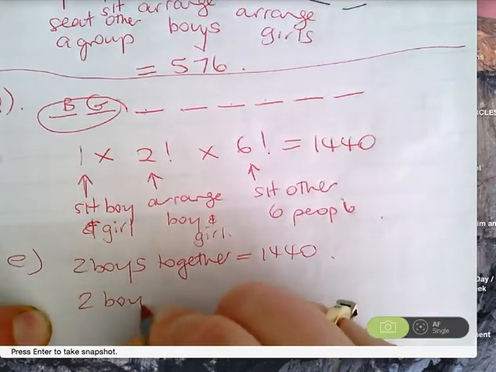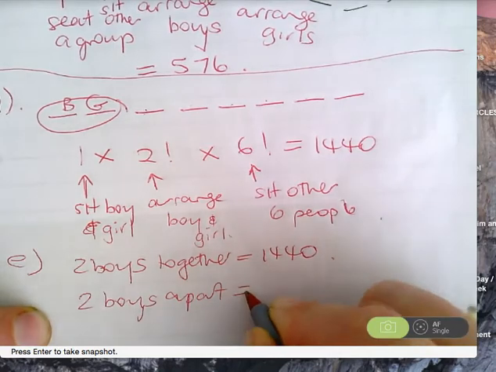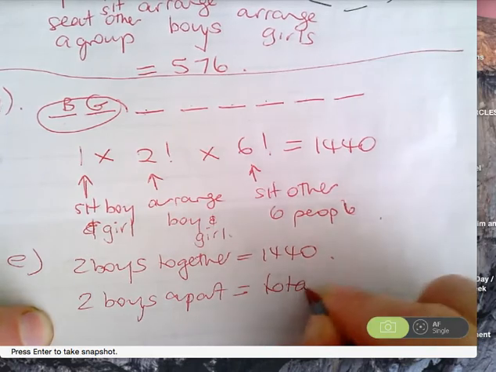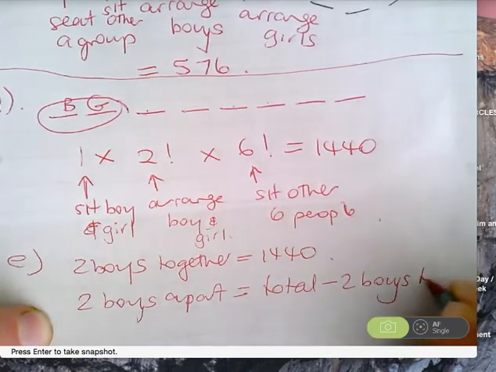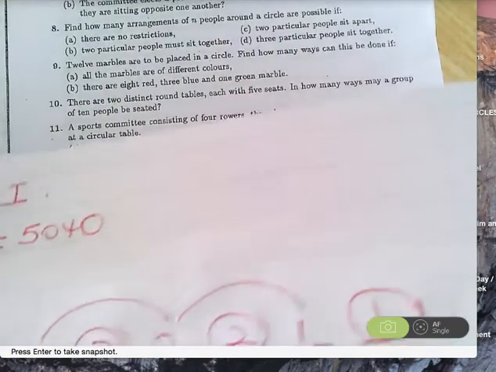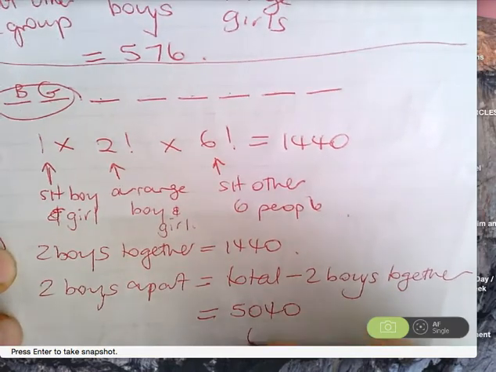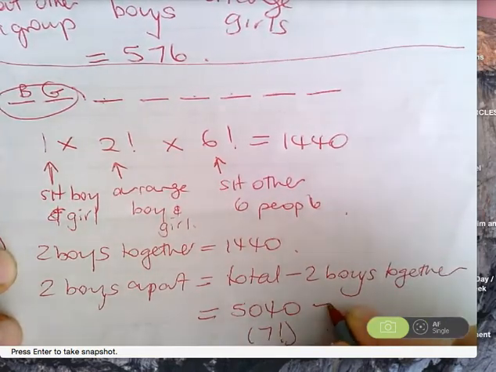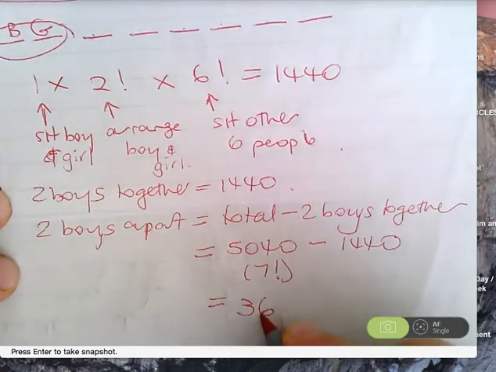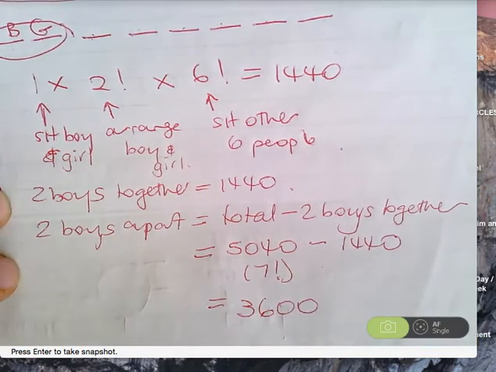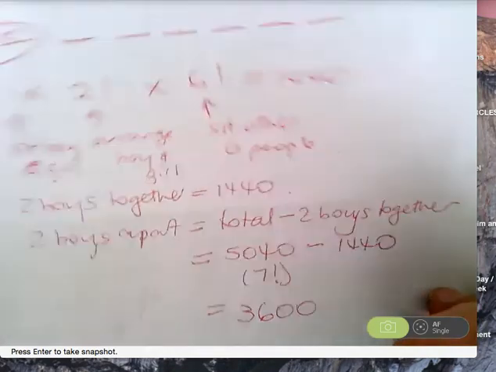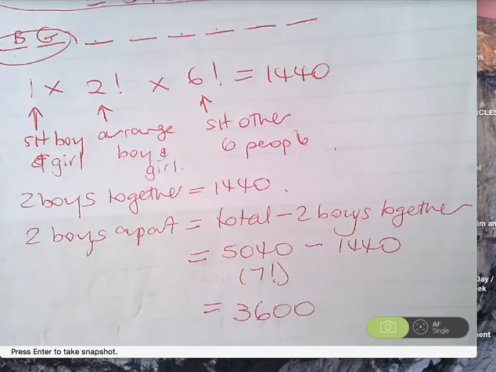So therefore 2 boys apart will be the total, which is 7 factorial from part A, minus the 2 boys together. What was the total from part A? 5040, which was 7 factorial, minus the 2 boys together of 1440, is 3600. Geez, that's a lot of ways to put 8 people at a table. That was 4E.